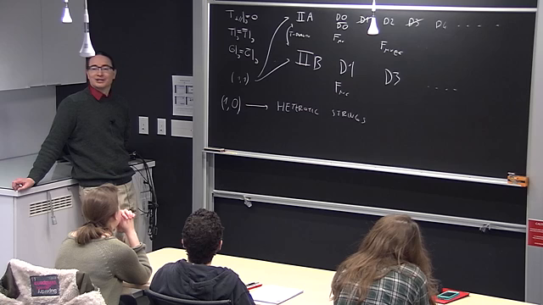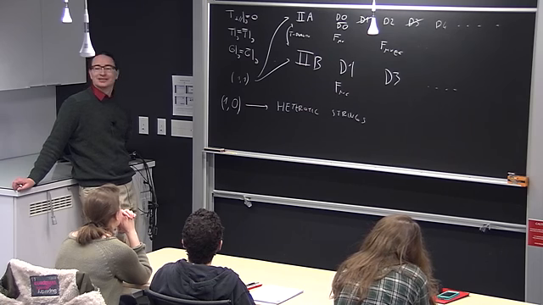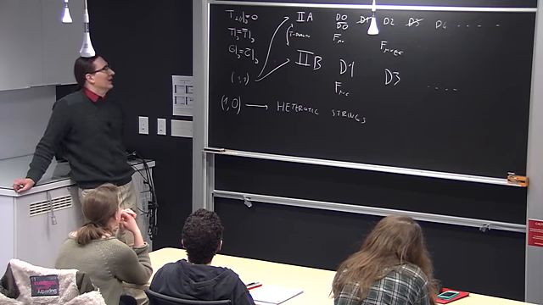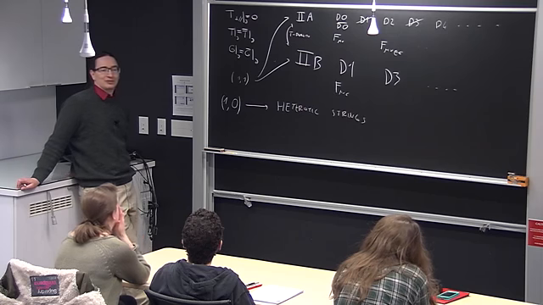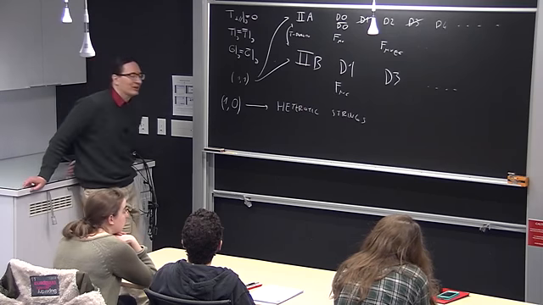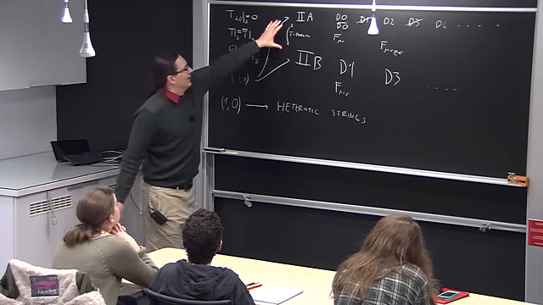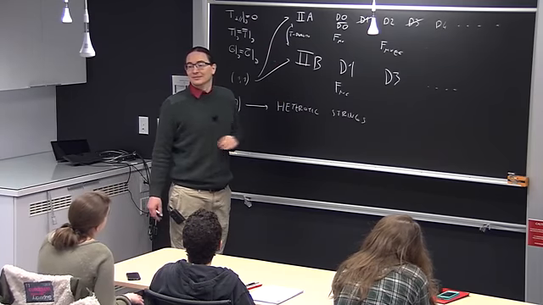They have no D-branes, but they have a lot more string modes, in a sense. But again, you can find non-perturbative dualities that end up relating superstrings and heterotic strings.